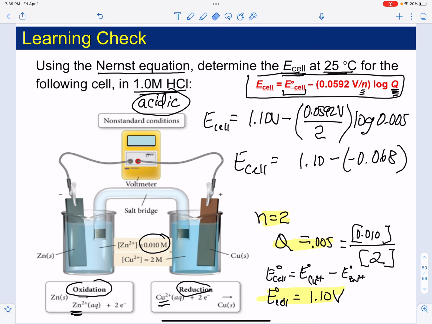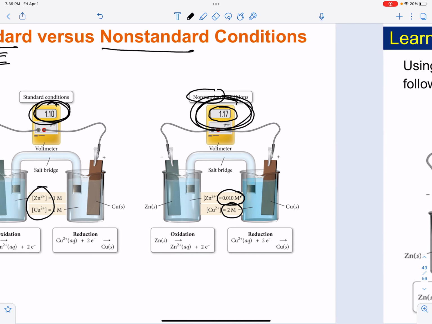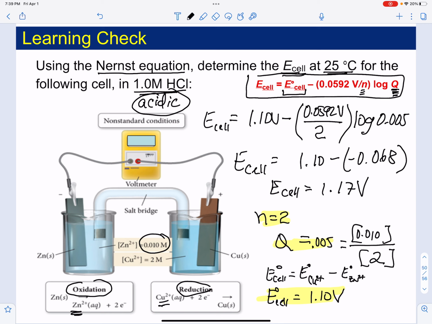So 1.10 plus 0.068 is going to equal 1.17 volts, which is the problem that we had in there. So you see how we apply the Nernst equation for non-standard conditions, and we get our E cell for non-standard conditions.